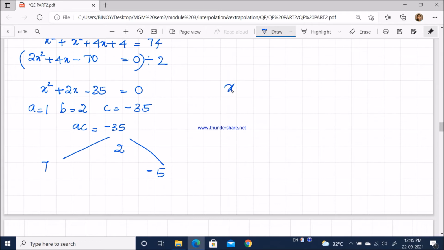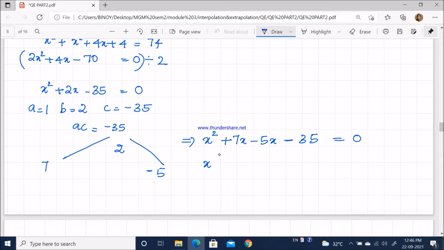So x square plus 7x minus 5x minus 35 equals 0.